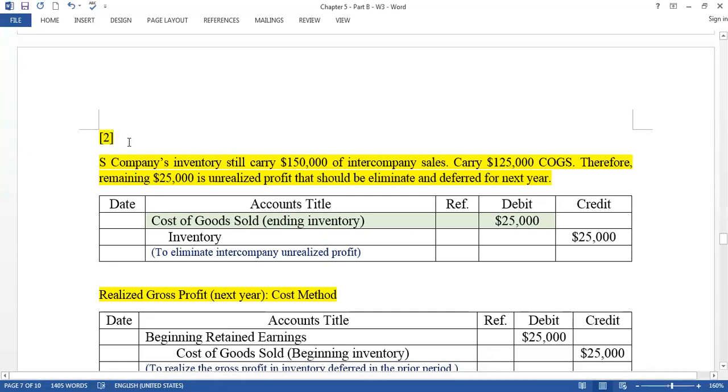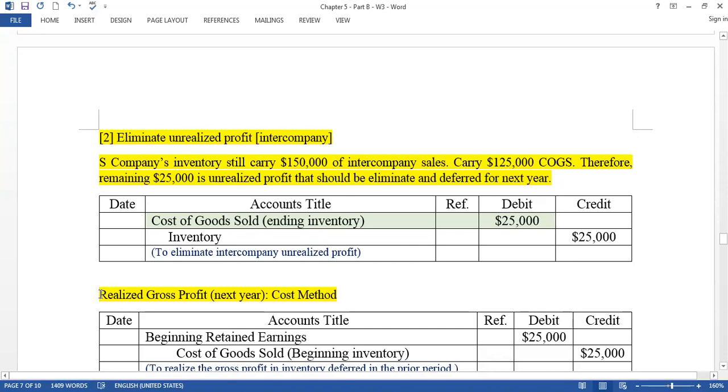The second journal is to eliminate unrealized profit. And it is actually called intercompany profit.